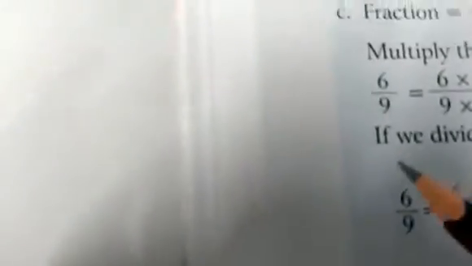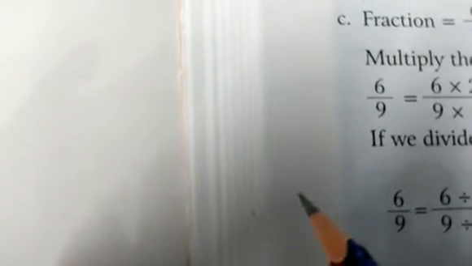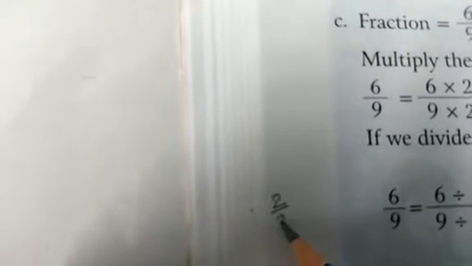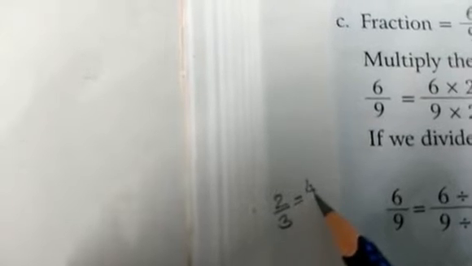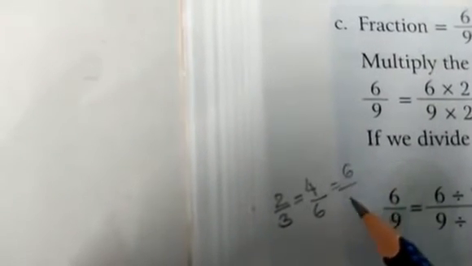Okay, so what will happen? 2 upon 3 is equal to 4 upon 6 and that is equal to 6 upon 9. Okay, this is the example. This is the answer of practice zone 3 A1. Like this way you have to solve.